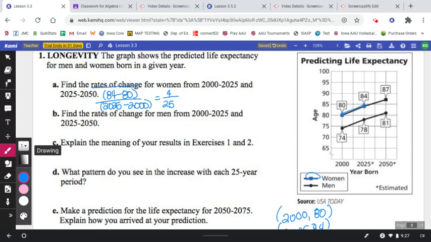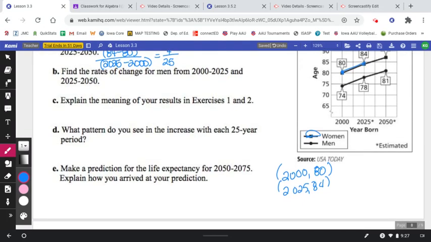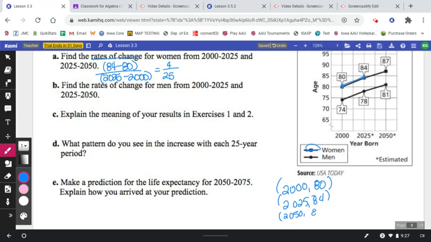Now for 2025 to 2050, so I already have 2025, and 2050's life expectancy is 87. So I'm going to do 87 minus 84 over 2050 minus 2025. And that would give me 3 over 25.